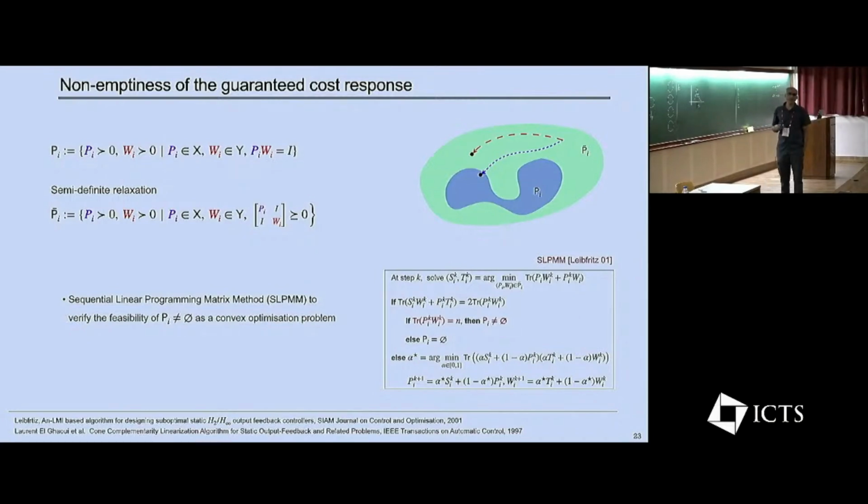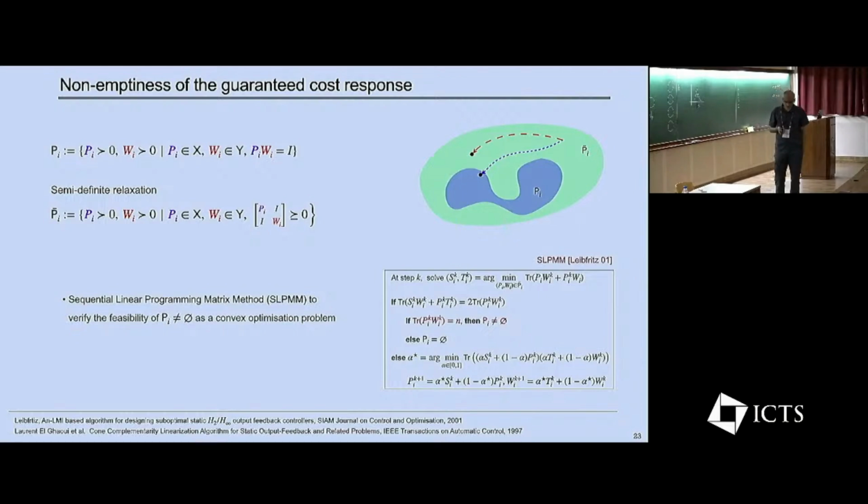So we can solve this non-convex problem through successive convex optimization algorithms to find if this set Pi is empty or not. What we are doing essentially with this semi-definite relaxation is coming up with a sequential convex optimization approach to test if this set is non-empty or not.